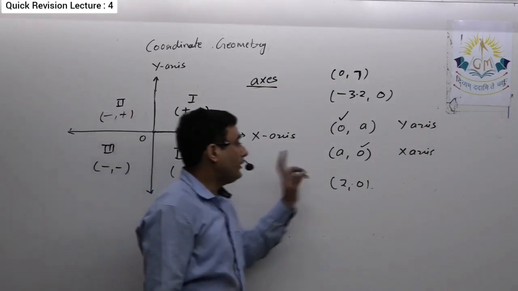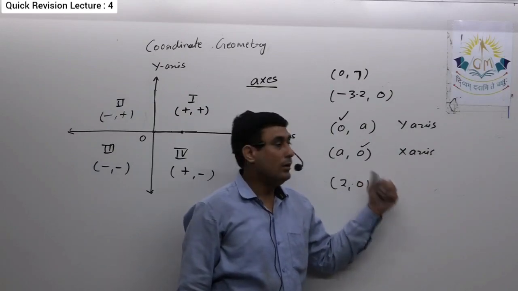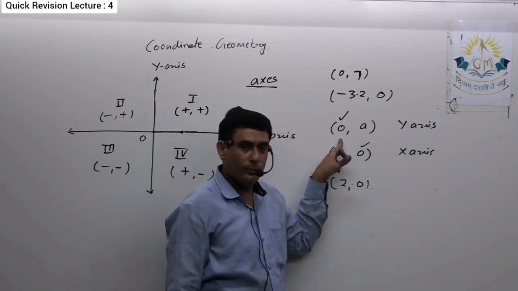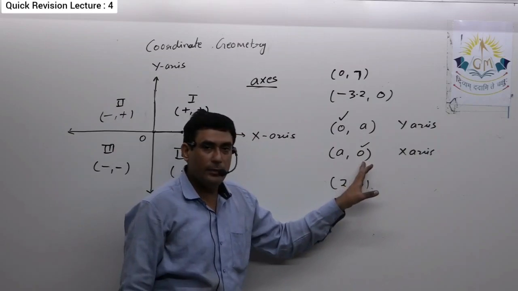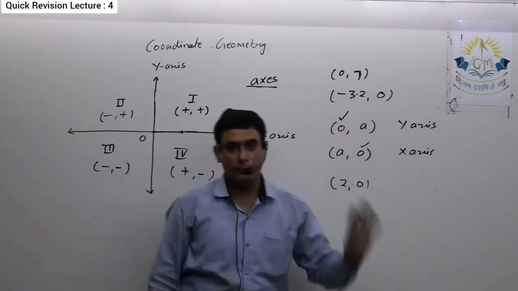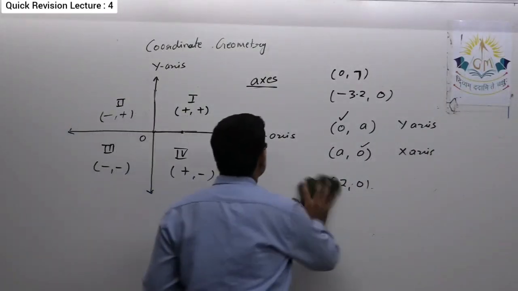So we can say on the x axis the y coordinate of the point will be 0, and on the y axis the x coordinate of the point will be 0. In other words, on the x axis the ordinate will be 0, and on the y axis the abscissa will be 0. So this is one more way to ask the questions.